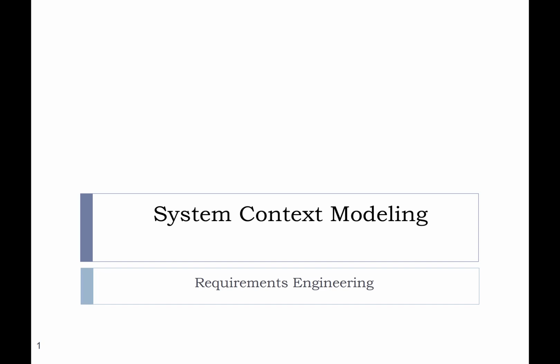Now, in a system context model, we will represent the system itself as a single class. Can you imagine this? We just created one class representing the system. That's obviously not giving us a detailed view of what's going on inside, and that's fine, because that's not the point of system context modeling to begin with.